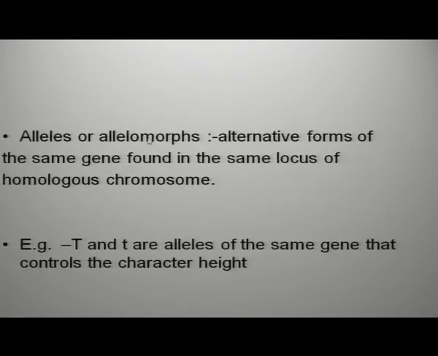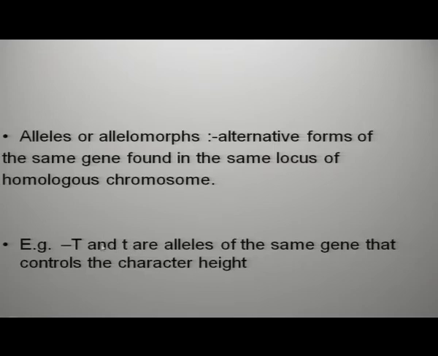Now, the next important thing is alleles, or another name, allelomorphs: the alternative forms of the same gene controlling the same trait or the same character, which are seen in the same locus of a homologous chromosome, are known as alleles or allelomorphs. For example, when we consider the character height of the stem, their alleles are capital T and small t.